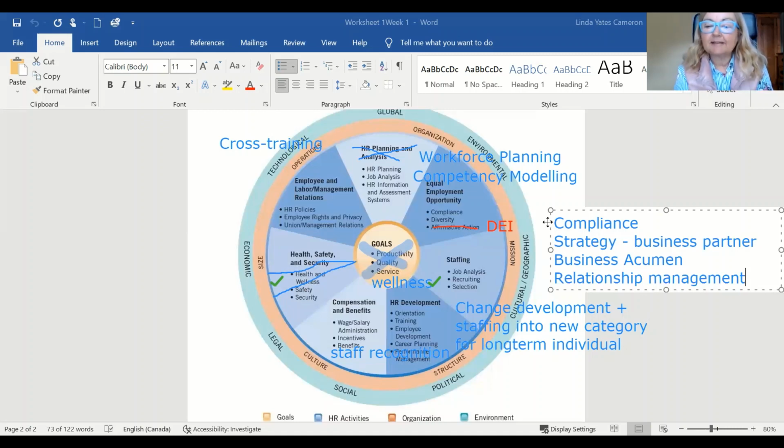Erin, what would you like to say? I think something that stood out to me was the idea that it is accepted now that HR needs to be a strategic partner, but also the importance of HR understanding the needs and challenges of the workforce.